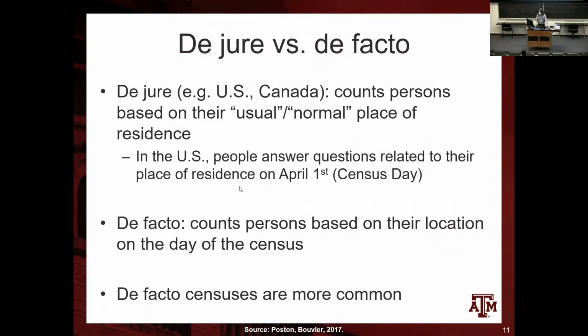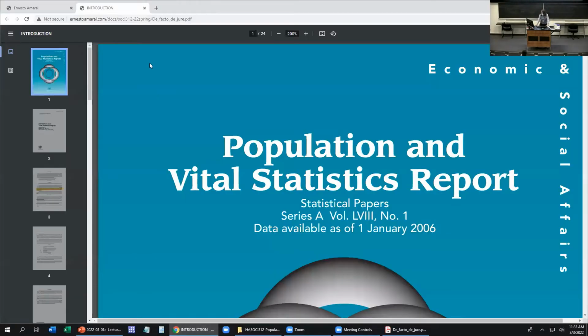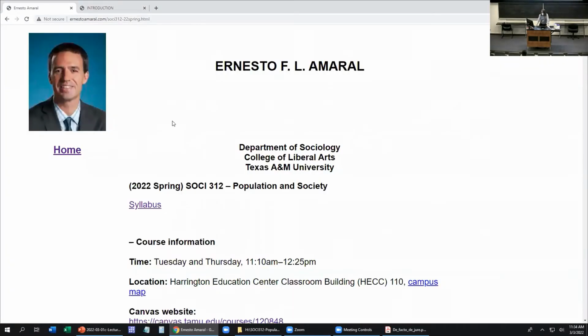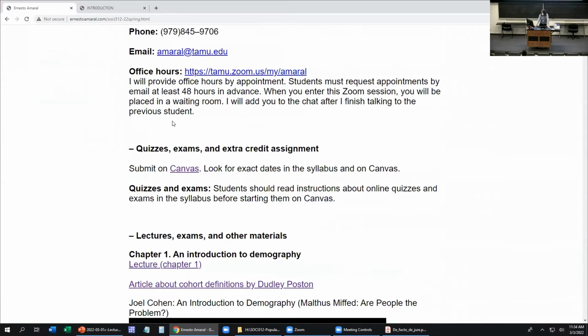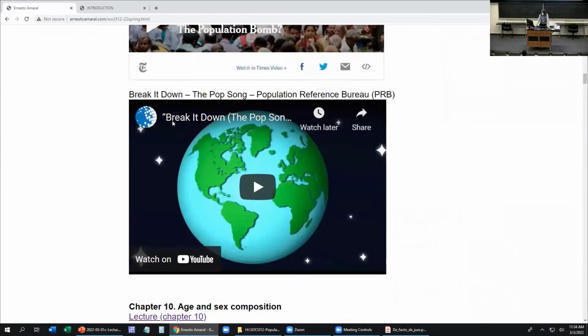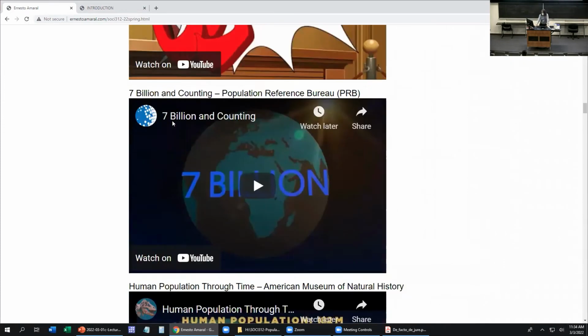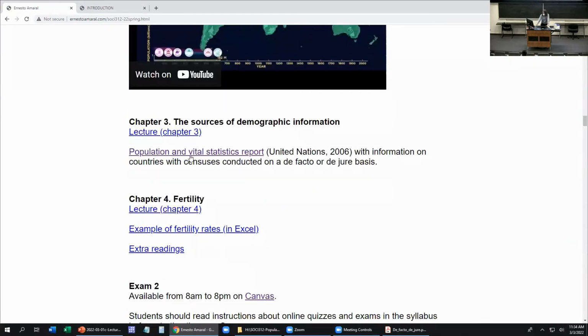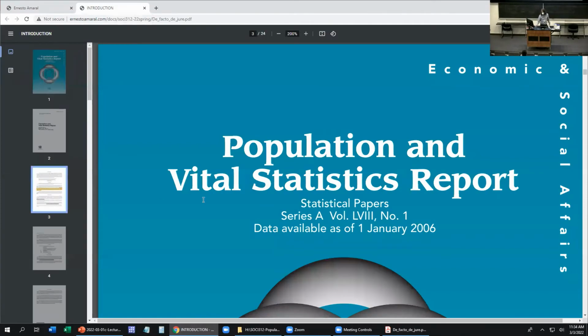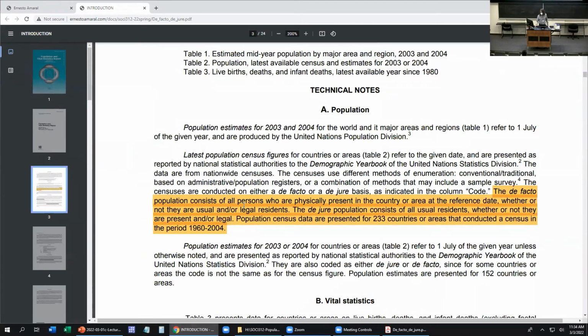So that document here in our course website that I included under this chapter, the Population and Vital Statistics Report from the UN in 2006, doesn't matter if it's an old document. The idea is just to show the list of countries that collected a census and inform whether their census is de jure or de facto.